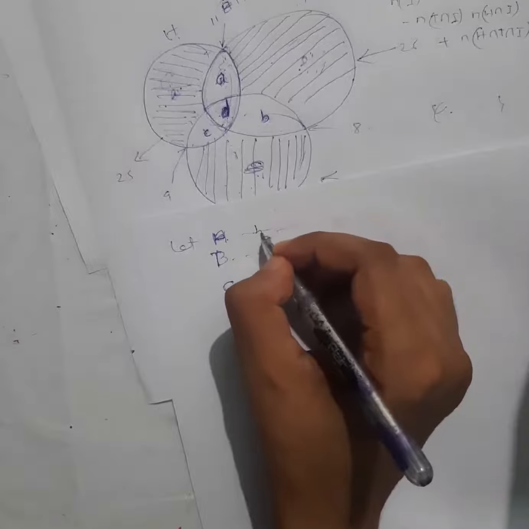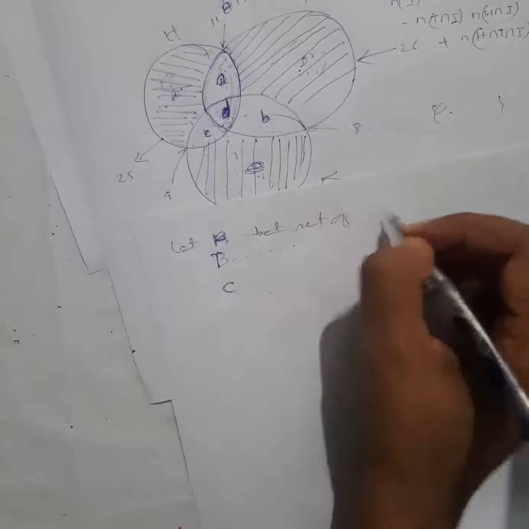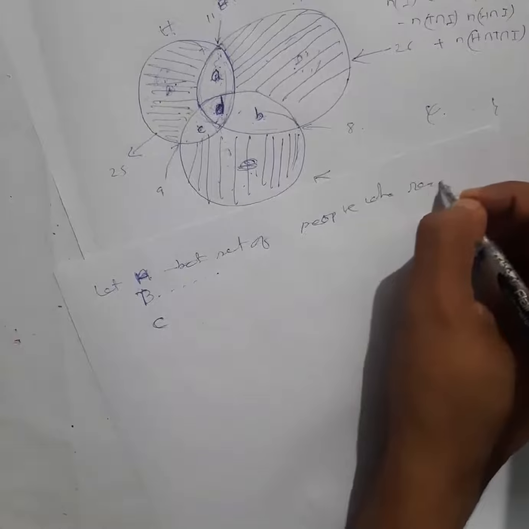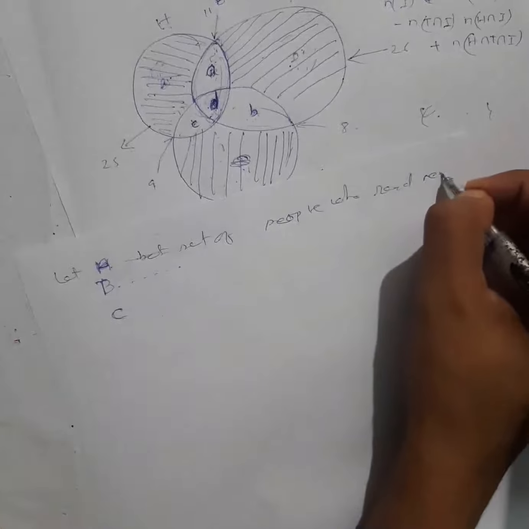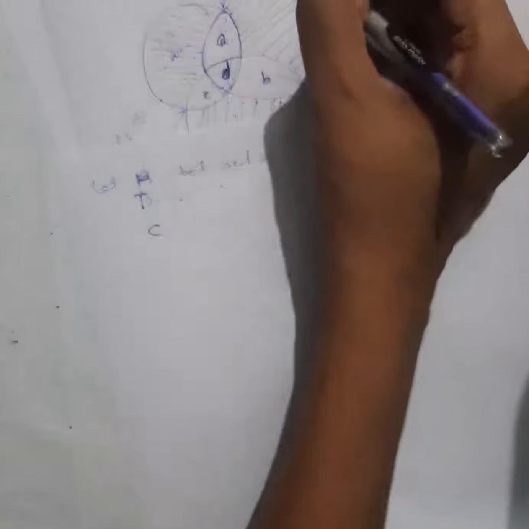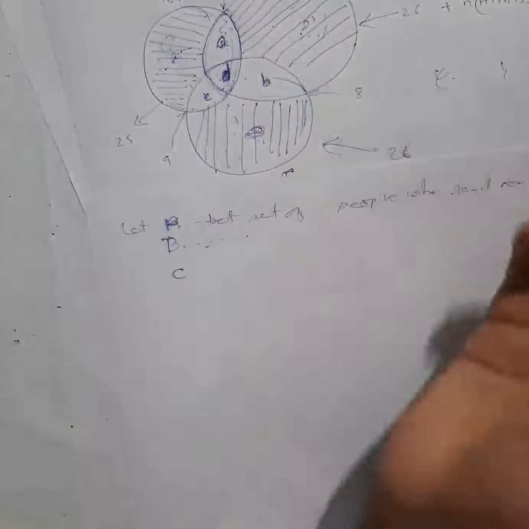Let A be the set of people who read newspaper H. You can write like this also. B, this way, this A, this B, this one C also you can write, no problem.